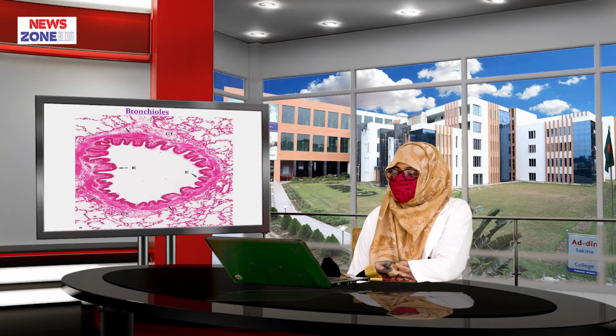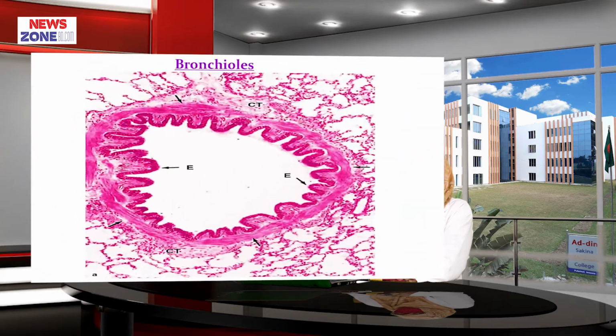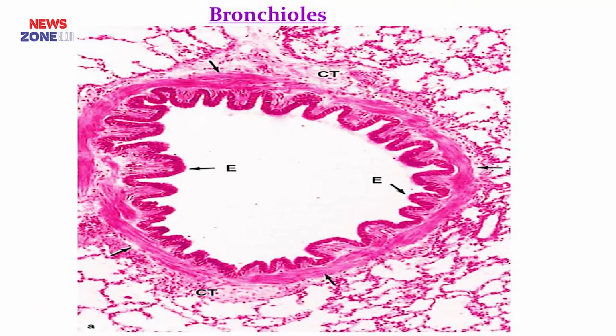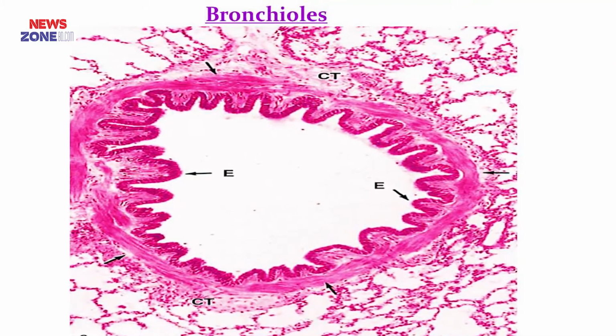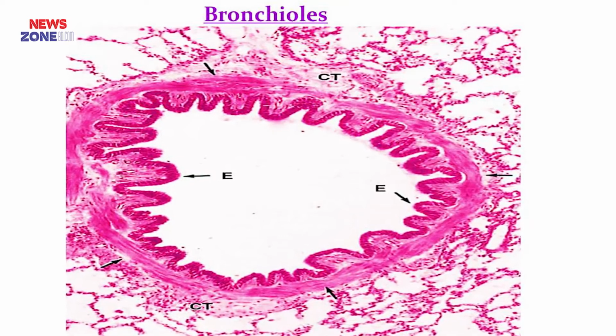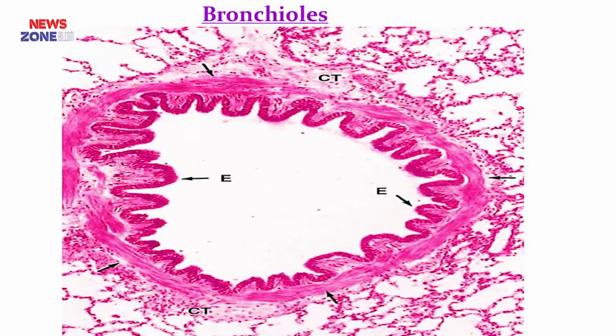The tertiary bronchi give rise to smaller and smaller bronchi, whose terminal branches are called bronchioles. Each bronchiole enters a pulmonary lobule where it branches to form 5 to 7 terminal bronchioles.